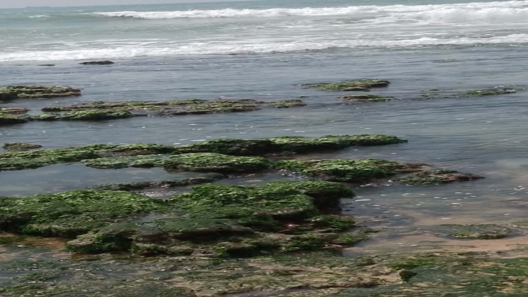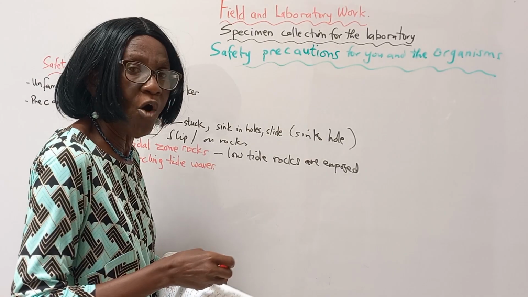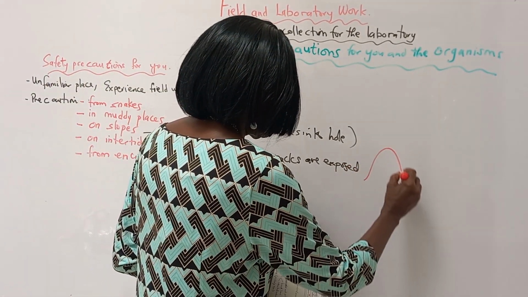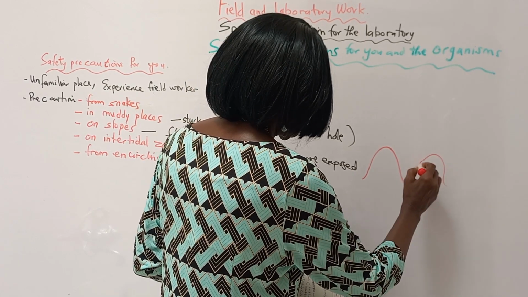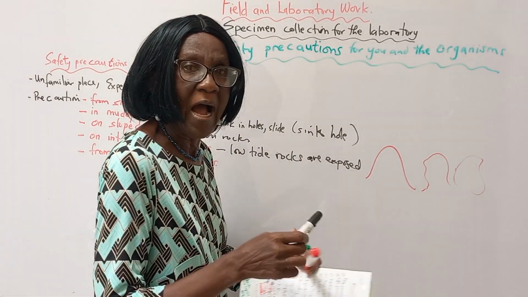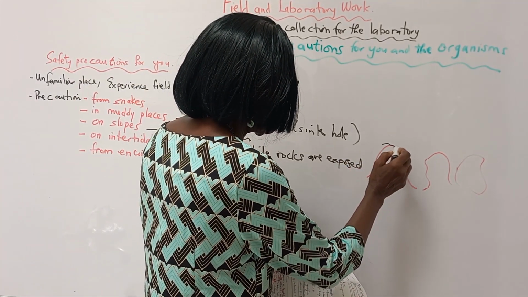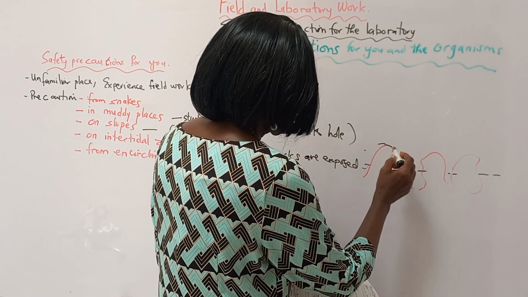In the intertidal zones, when the tide is low, rocks are exposed. One needs to be careful on rocks, because you have a rock here, another rock here, and as you are busy collecting or studying specimens, there's no water, the rocks are exposed.